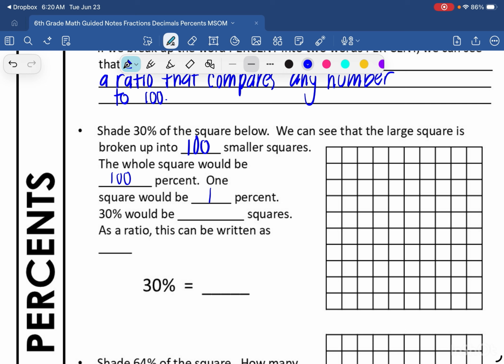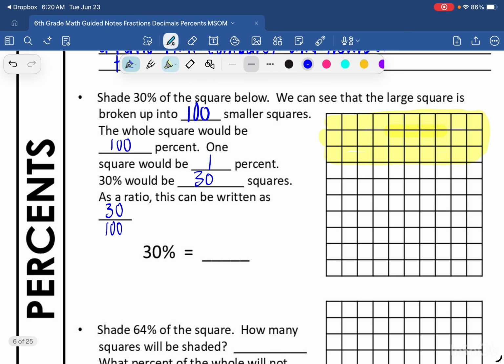So 30% would be 30 squares. As a ratio, this can be written as 30 out of 100. So let's take a second and shade 30% of this square by shading 30 squares. 30% equals 30 out of 100.